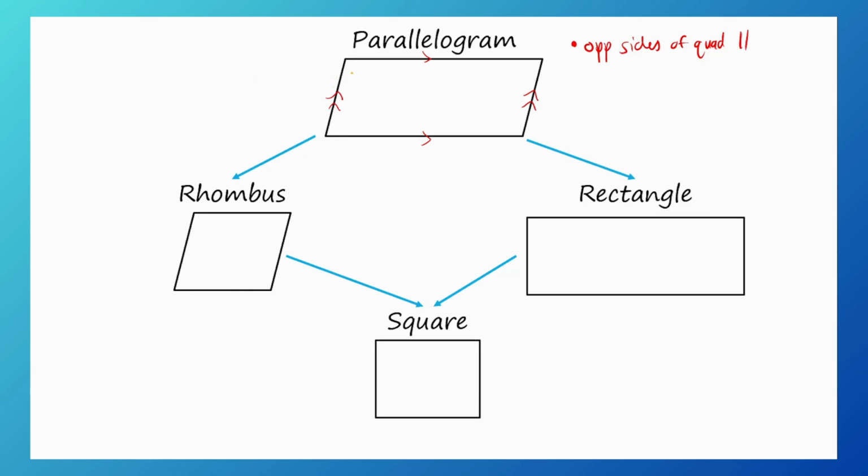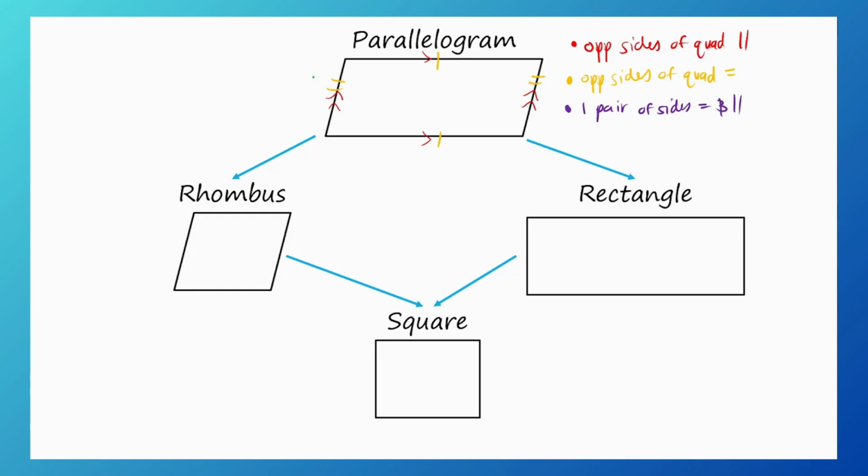Similarly, we also know that the opposite sides are equal. So if you can prove that the opposite sides are equal, your reason for it being a parallelogram would be opposite sides of quad, but instead of parallel, you would say equal. Okay, then there's also one that combines the two, and that would be if you can prove that one pair of opposite sides are equal and parallel.